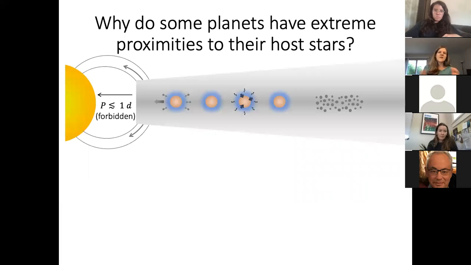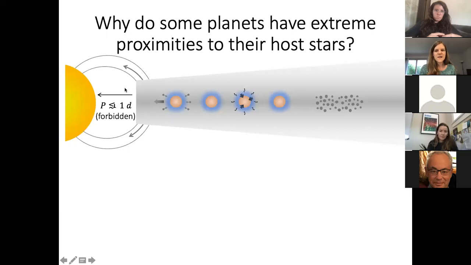So the primary question that I want to try to address here is why we see planets with such extreme proximity to their host stars. Extremely close-in planets are particularly peculiar when we think about the fact that planets form in disks, and so they shouldn't be able to form inside the inner edges of these disks.